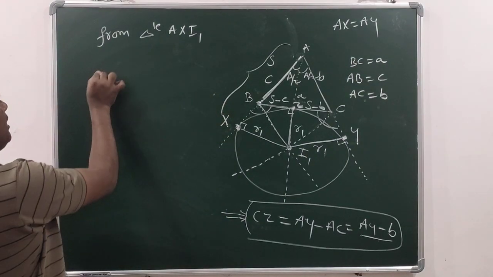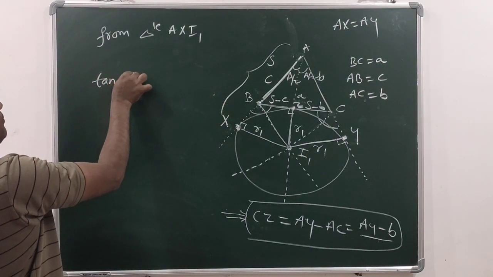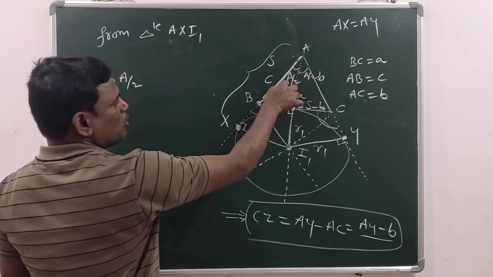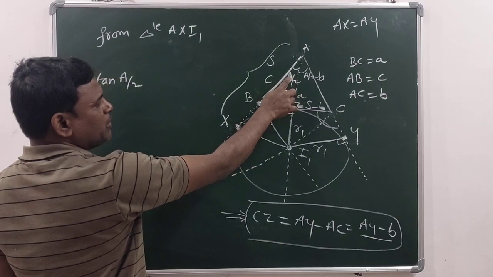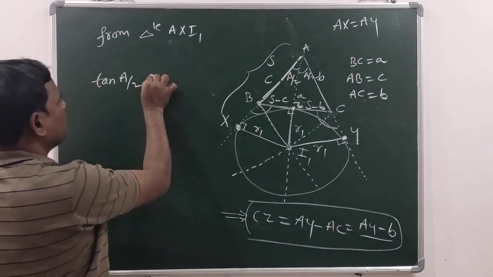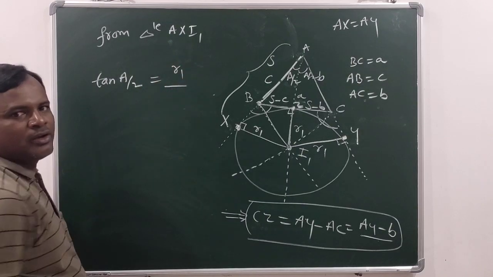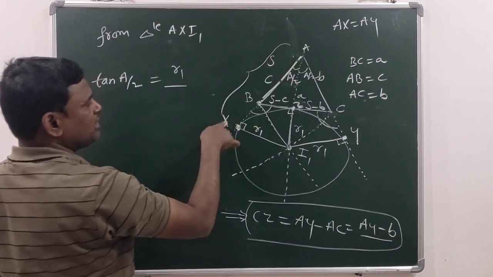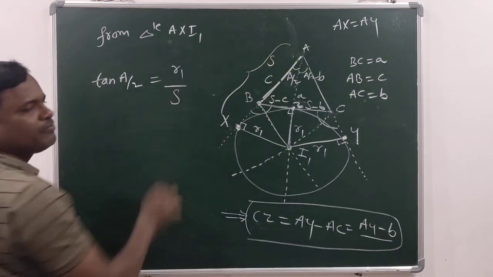Now define tan A by 2 on this triangle AXI1. So go to here and define tan A by 2. With respect to this angle, this will be the opposite side, so R1, by the adjacent side, whose length we got as S, no?